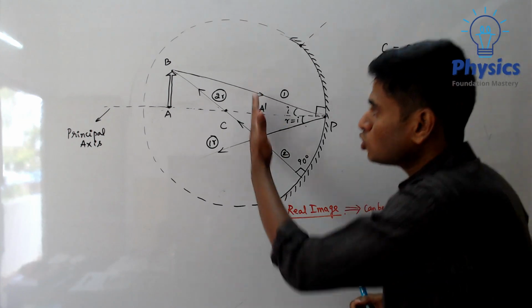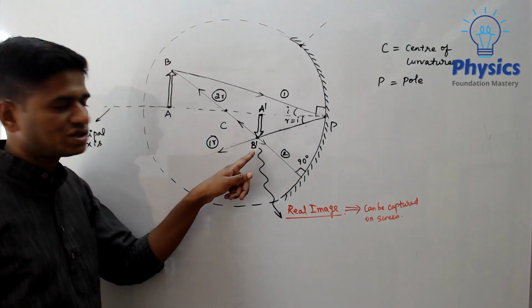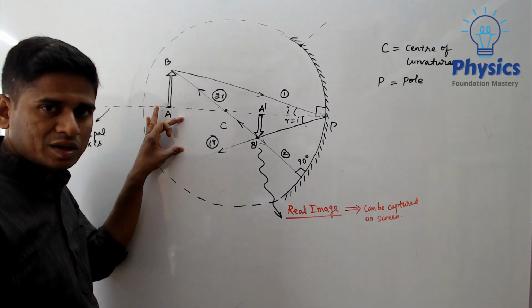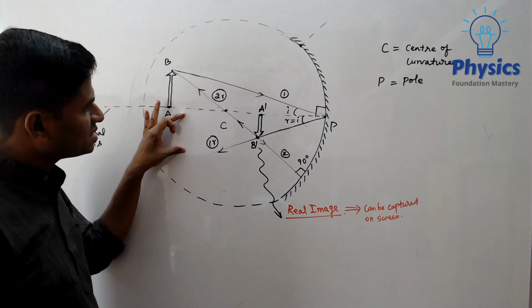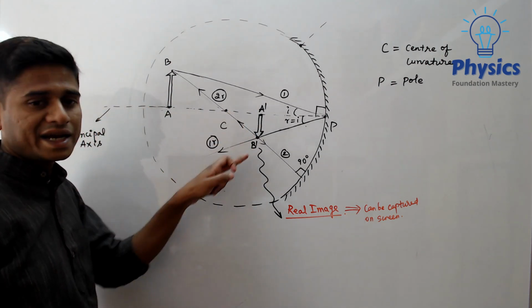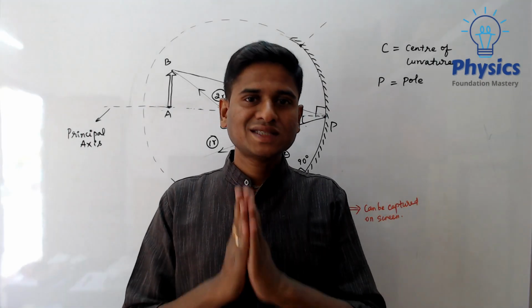However, if there is no screen here, you can only see this image if your eye is within the path of light. If my eye is here, if these rays reach my eye, then only I can see A dash, B dash. This is very important. So let me summarize whatever we have discussed.